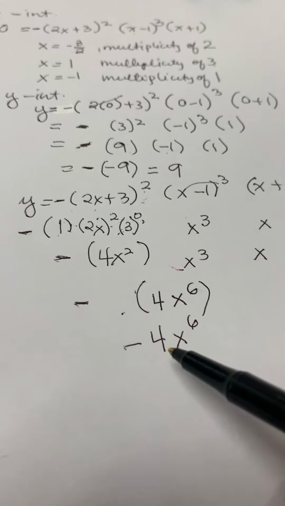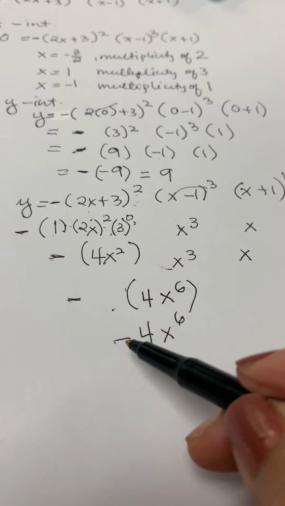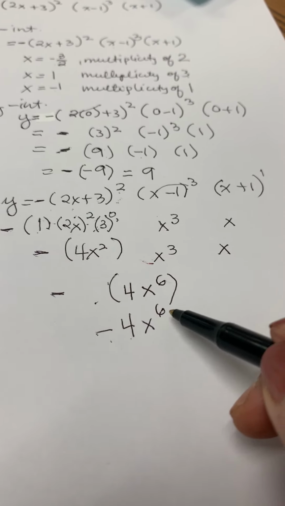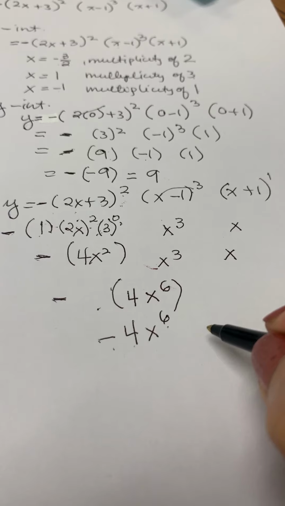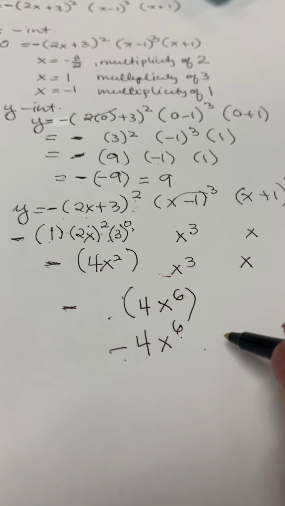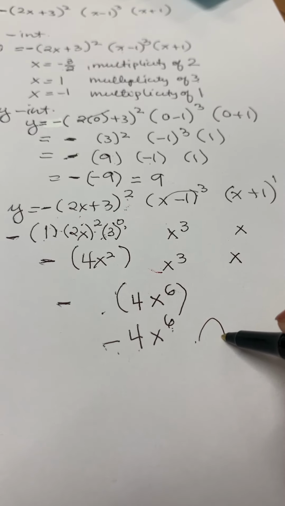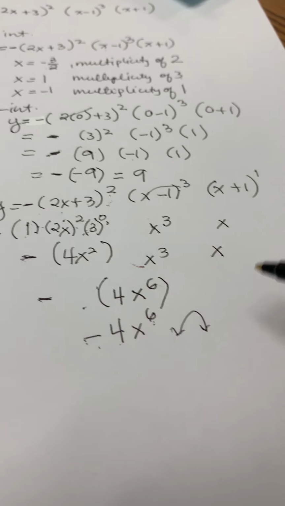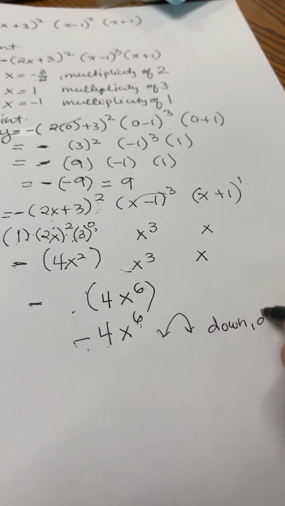So our end behavior will be, since this is a negative coefficient, even exponent, like a parabola opening downwards, so the end behavior will be down, down.